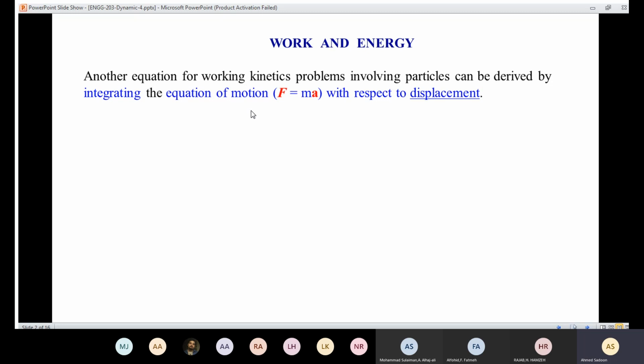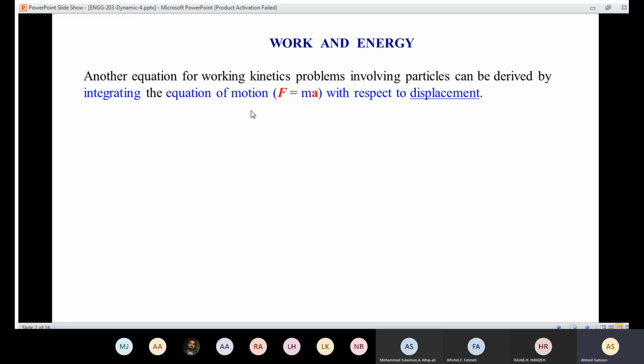You need to decompose the forces into X and Y, and you need to show a free body diagram showing all the external forces, and also a kinetic diagram showing the inertial forces.